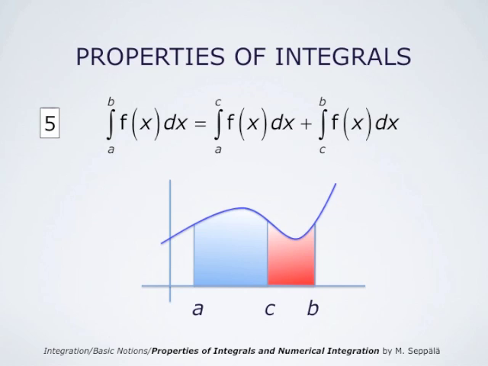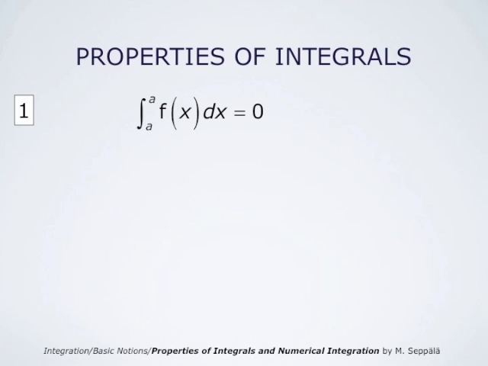This property is valid even if c is not between a and b, and even if the function f takes negative values. To summarize, we have observed that the integral from a to a of f(x) dx is always 0.